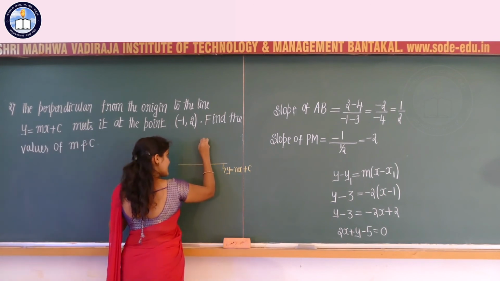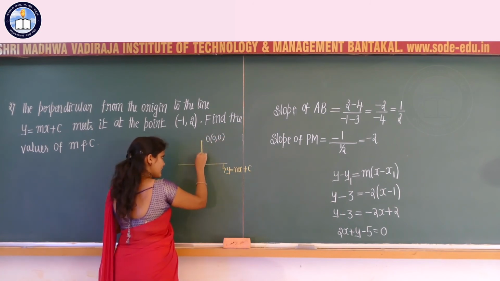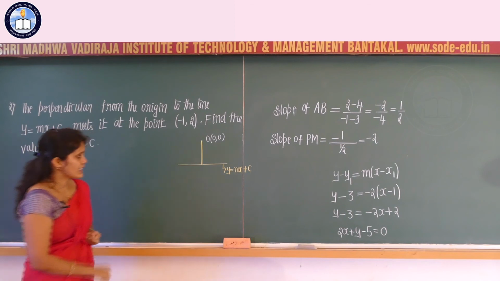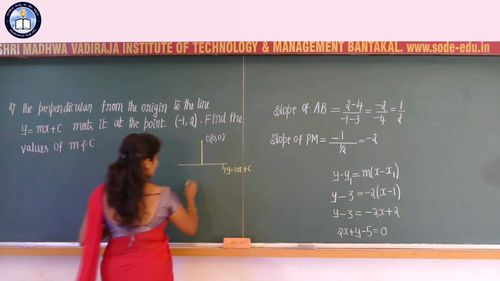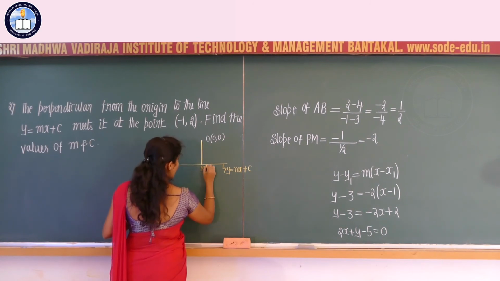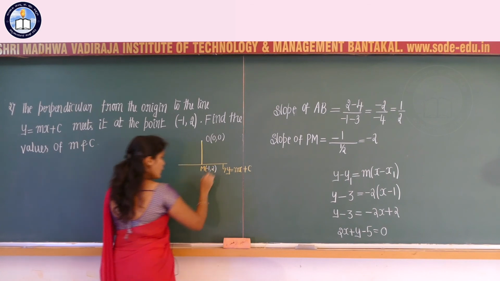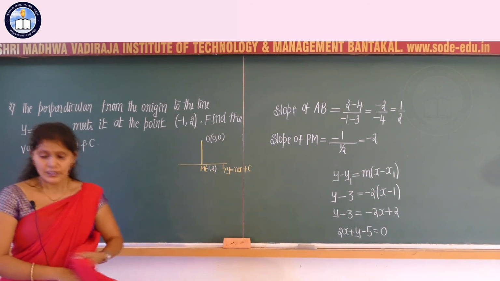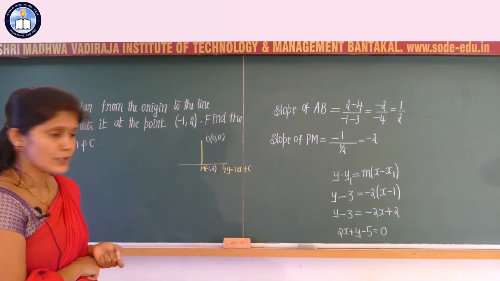Somewhere here I will consider the origin O with the coordinates 0, 0. From the origin to the line y is equal to mx plus c, we are considering the perpendicular, and this perpendicular meets the line at the point M with the coordinates minus 1, 2.